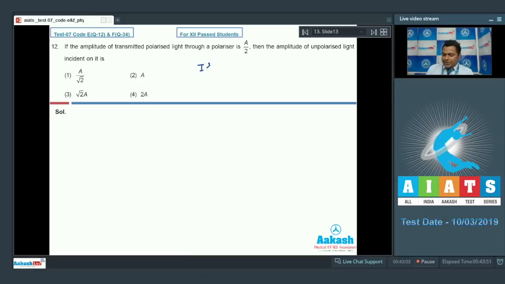So if I0 is the intensity of incident light, then I0 by 2 will be the intensity of transmitted light.